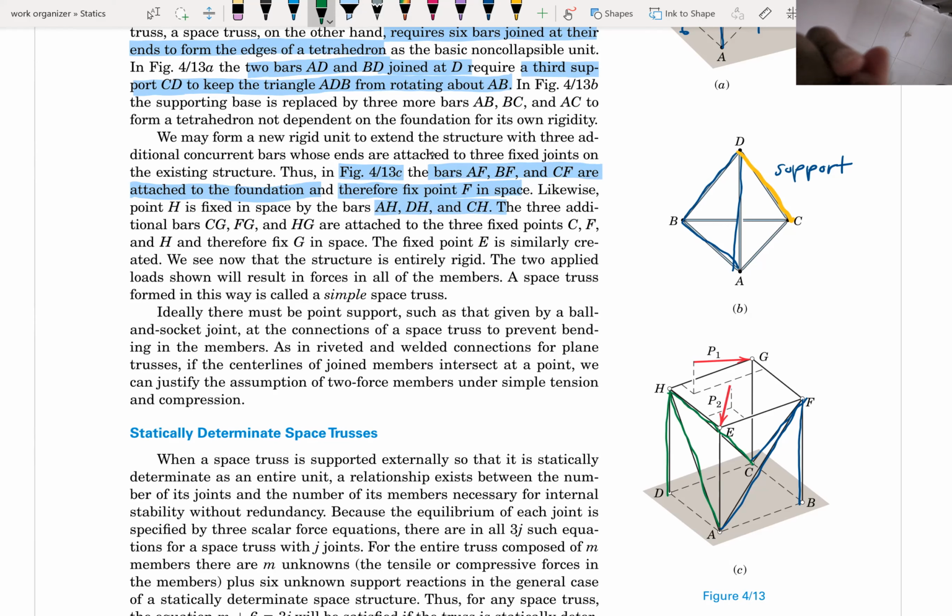This one they fix at point H. Then this one, the third truss is CG, FG, and HG. CG, FG, and HG. Okay, so CG, FG, and HG, right?